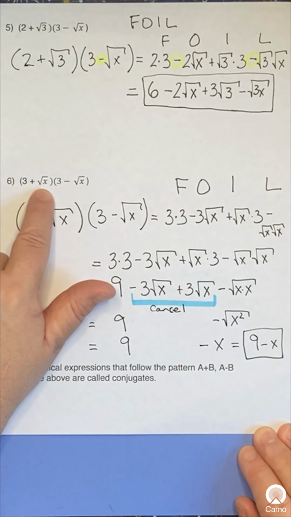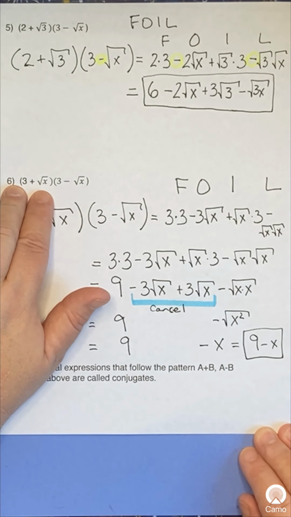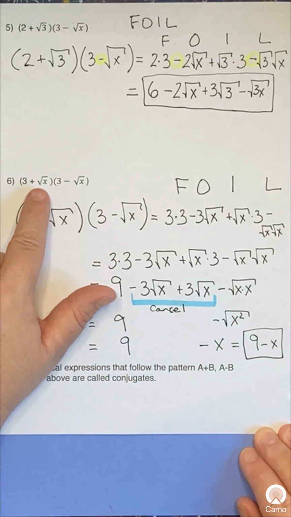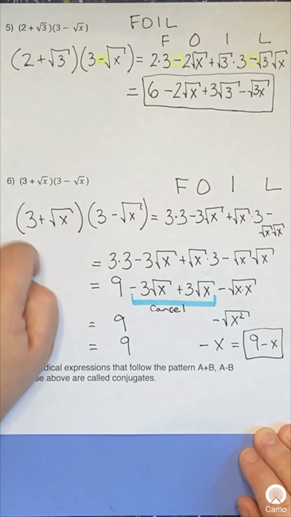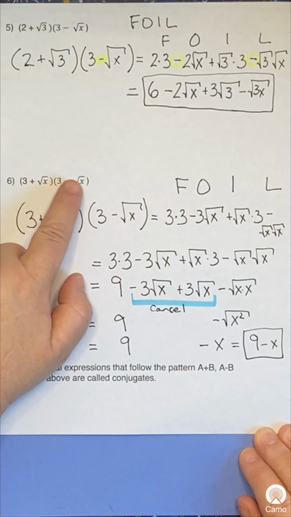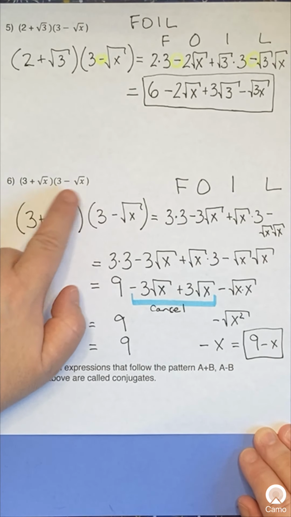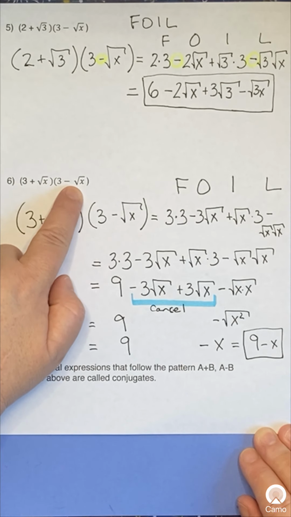These are 2-term expressions, not really binomials, they're radicals. And you've got 3 plus radical x and 3 minus radical x. So we've got that a plus b, a minus b situation.